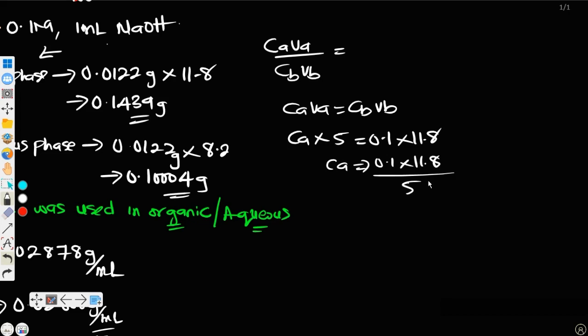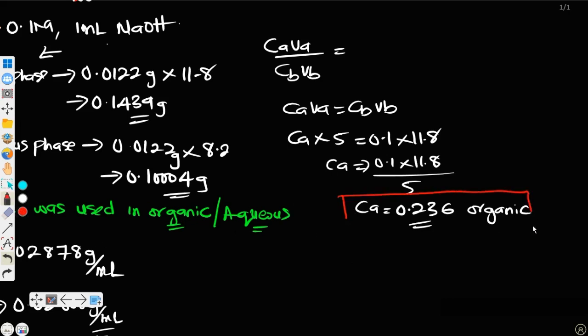If you want to use CAVA, 0.1 times 11.8 divided by 5 will give us Ca, 0.236. That is for the organic phase. Now, how about the aqueous phase?